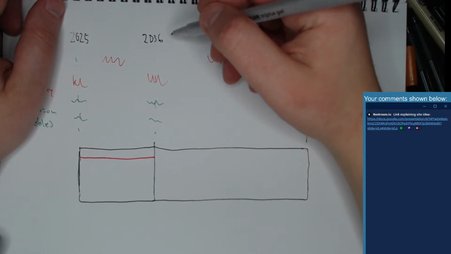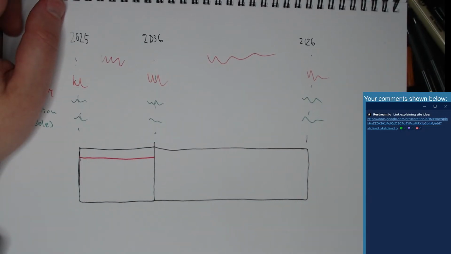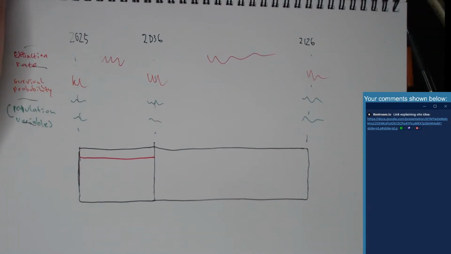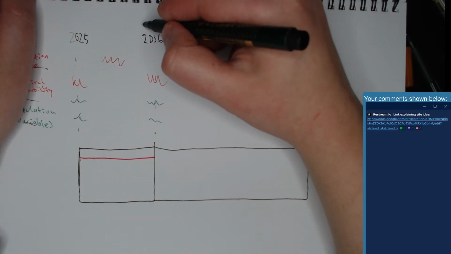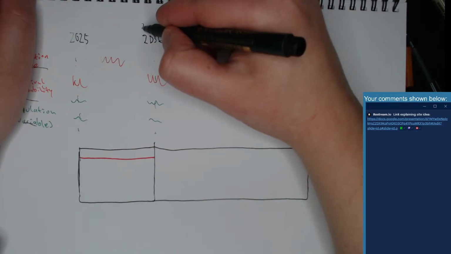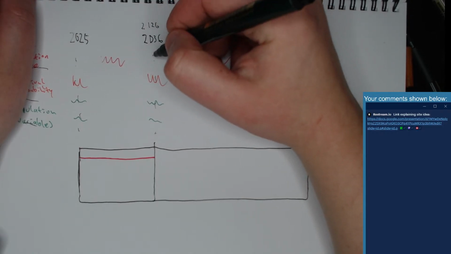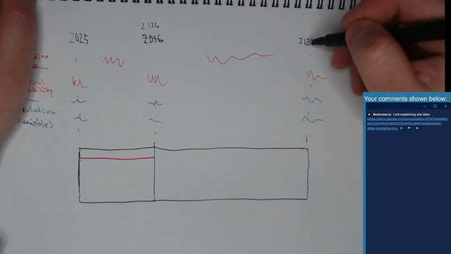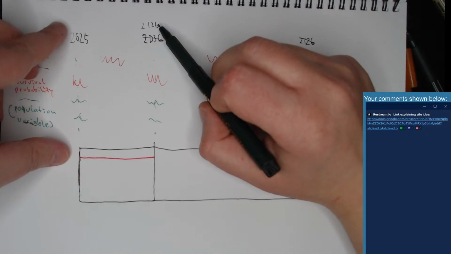So let's think about if instead here we would have 2126, and we had 100 years instead of 10 years.